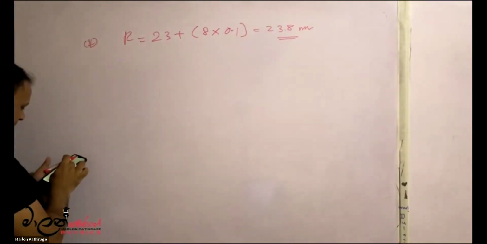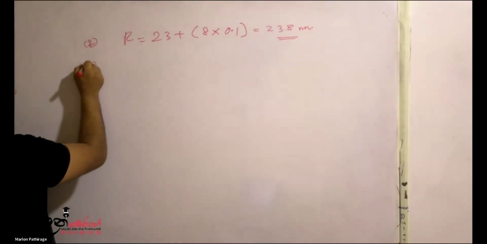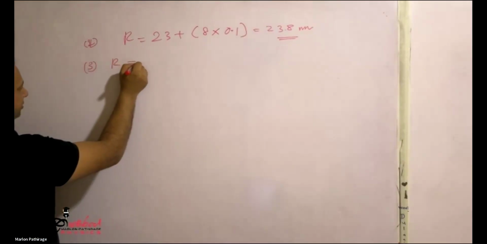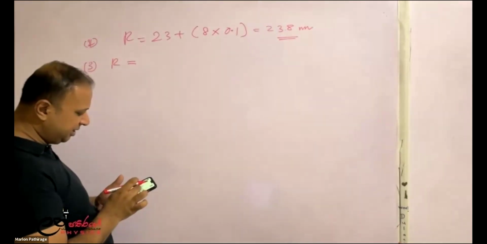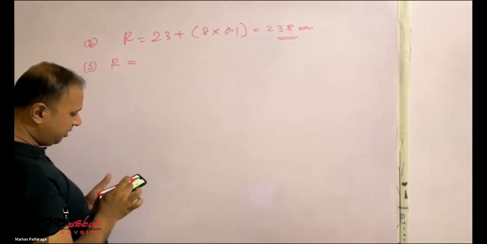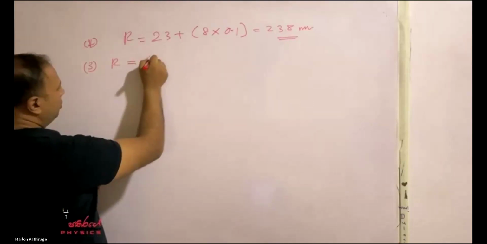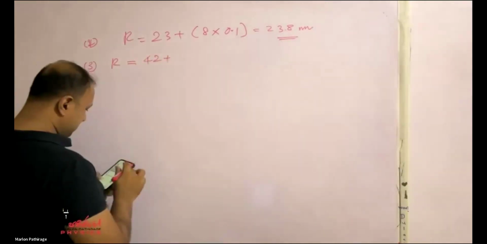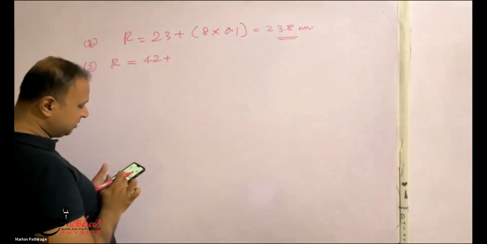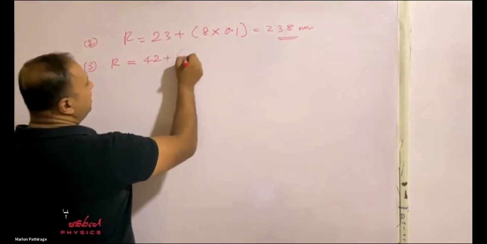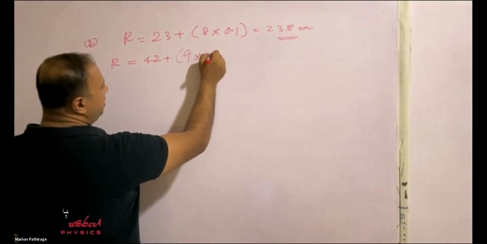Then 1.3. What is the answer for question number 1.3? The maximum possible reading is 42 plus 9 into 0.1.